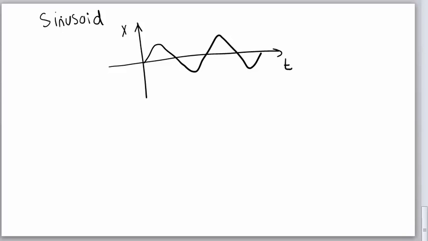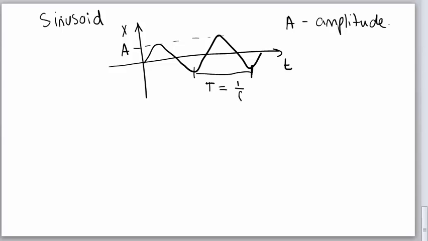Let's remember that the maximum peak that it can reach, A, is its amplitude. And the period is the distance between two peaks, or between two troughs, however you want to look at it. So this is its period, and that's equal to 1 over f, the frequency that we showed in the previous slide.